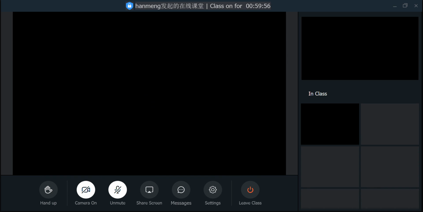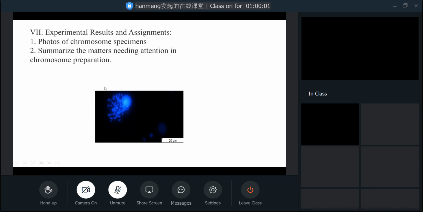So the assessment for this experiment is that you should show your result. You can use only this picture, because this experiment is relatively difficult for us.